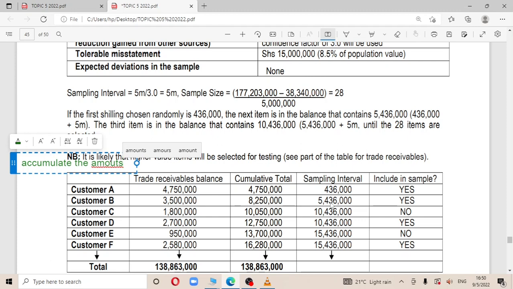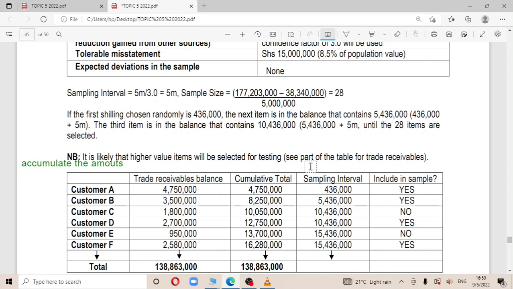From the 9.4 we add 5, we get 14.4. Then from here we go to 19.4, then from here we go to 24.4. Our interval is 5, assuming our interval is 5.